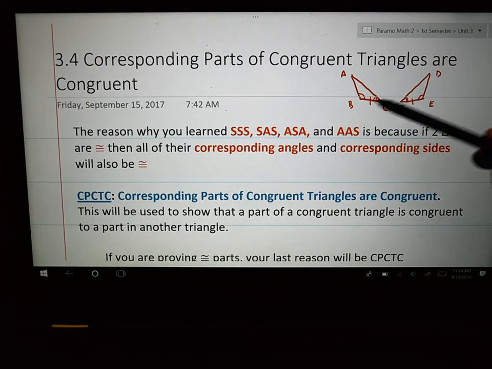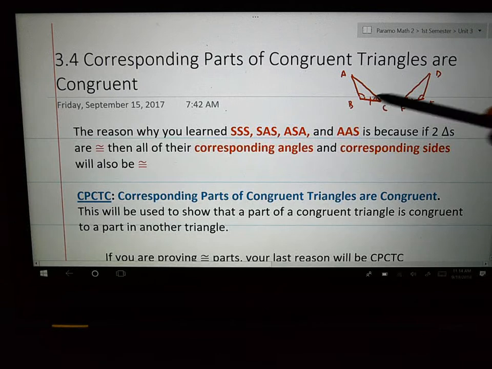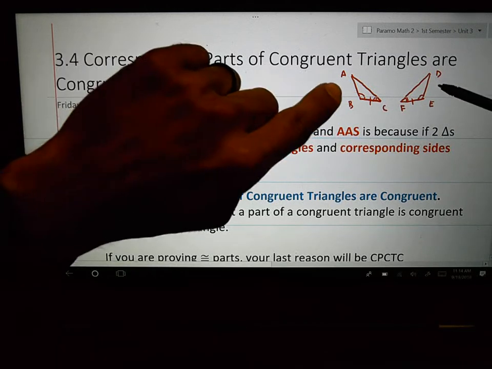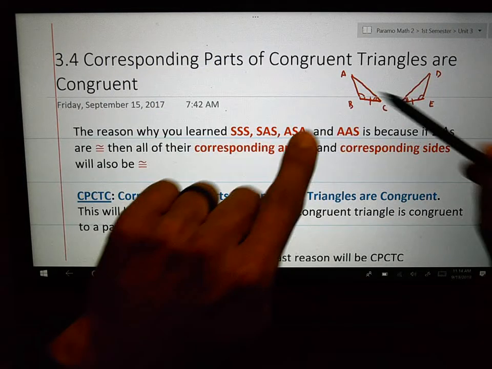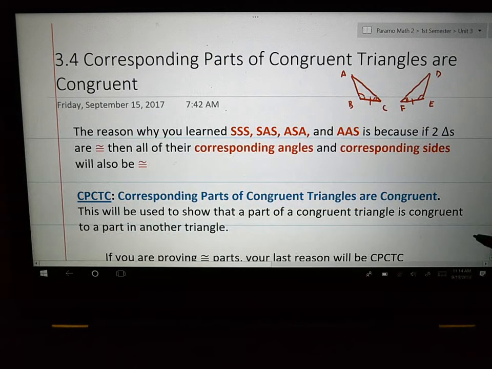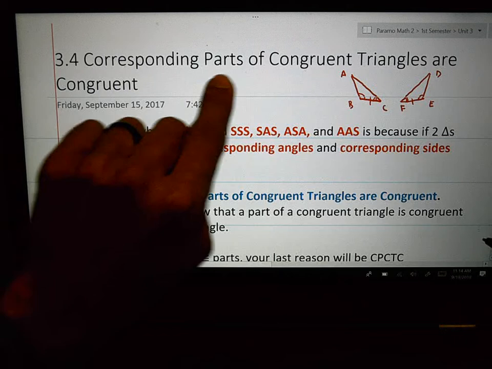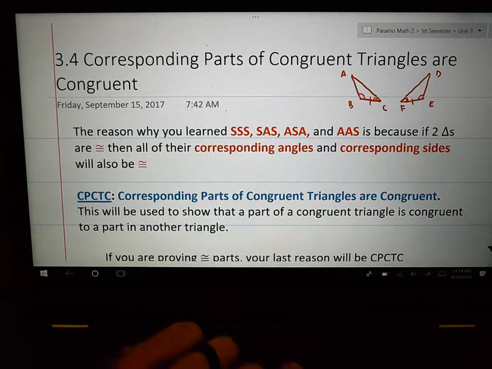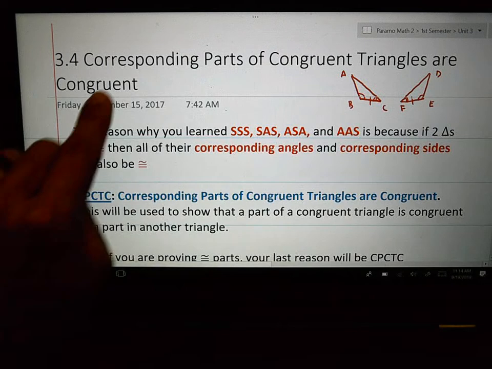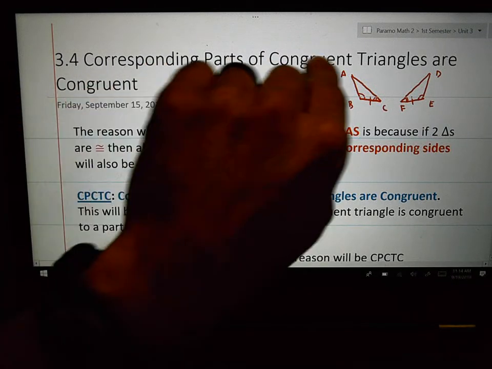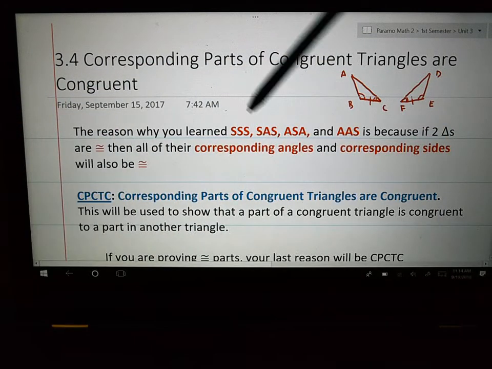For example, right now, you know the angle B is the same as angle E. You know the angle C is the same as angle F. But as soon as you know that these two triangles are congruent, you now know that their parts are also the same. Angle A has to be the same as angle D because of corresponding parts of congruent triangles are congruent. Or side AC has to match up with side DF because the corresponding parts of congruent triangles are congruent.